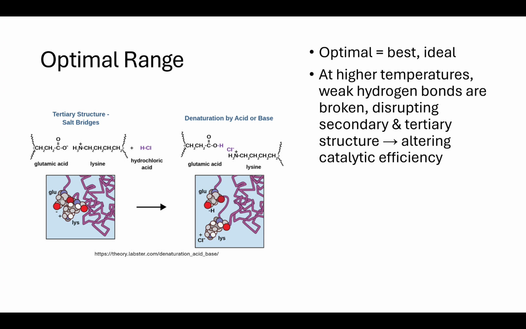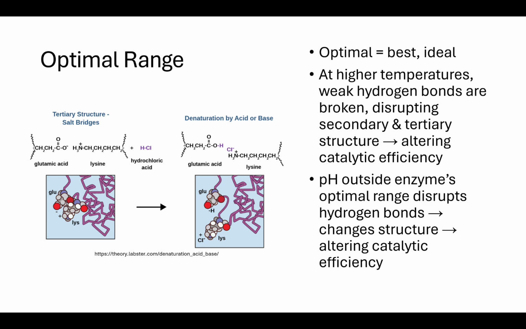Well, at higher temperatures, you end up disrupting the weaker hydrogen bonds that hold the secondary and tertiary structure in place, and then that can denature an enzyme, usually by decreasing the efficiency of catalysis, or how well it helps those chemical reactions happen. pHs outside of the optimal range can disrupt the formation of hydrogen bonds, which can again change the structure, which then usually decreases the catalytic efficiency, meaning that the protein is not going to function as well.